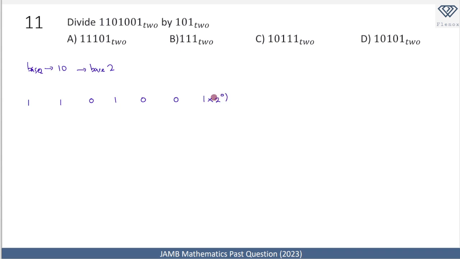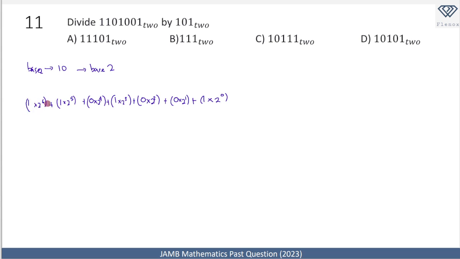So we have 2 raised to power 0, 2 raised to power 1, then 2 raised to power 2, times 2 raised to power 3, times 2 to the power of 4, times 2 to the power of 5, and times 2 to the power of 6.